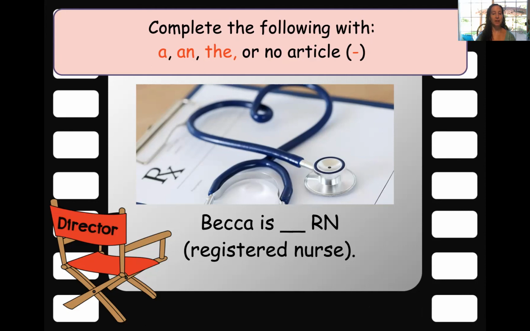But if I say Becca is blank RN, what would the article be? An RN. Now it sounds like a vowel. What does it sound like? Like an A sound, R. Becca is an RN. Okay, it's a little soft sound of an A. You know, this was tricky.